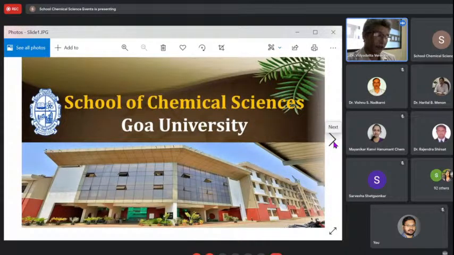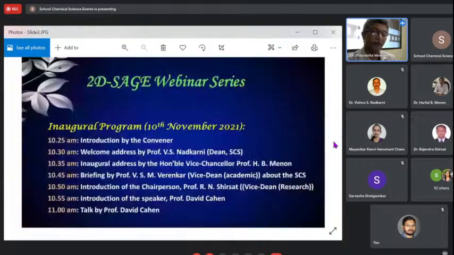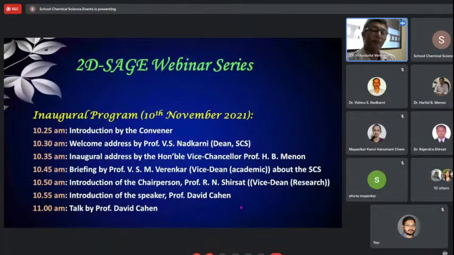The research at this school has been recognized by the awards of many projects to the school faculty members from different funding agencies, and also received handsome grants from the University Grant Commission, New Delhi, as well as Department of Science and Technology, Government of India, through their prestigious programs like UGC-SAP and DST FIST.